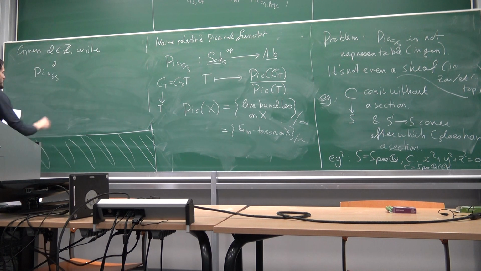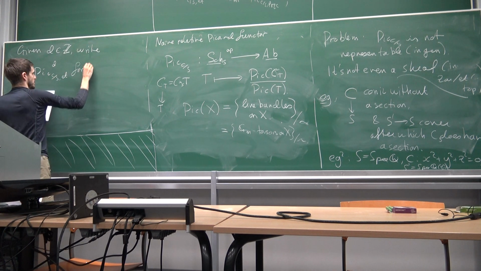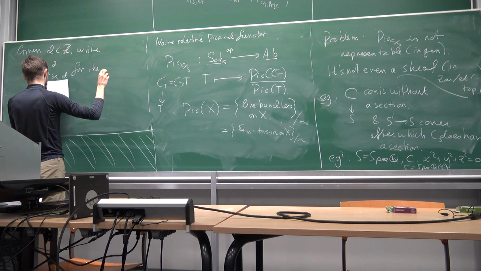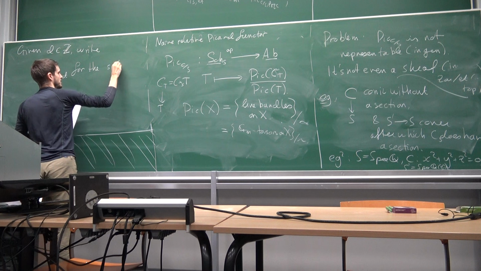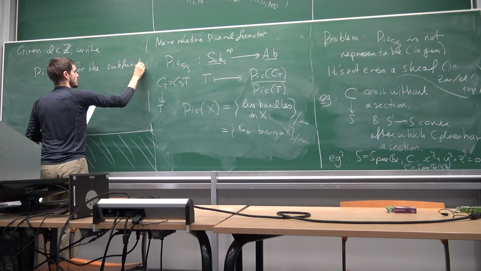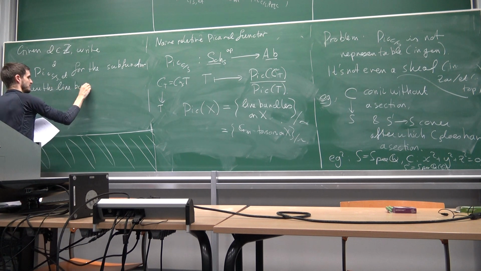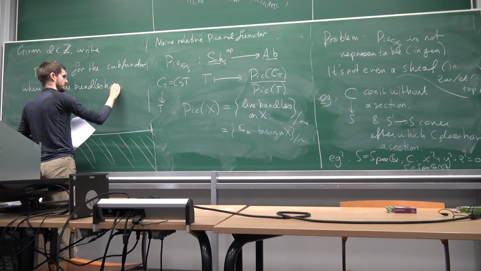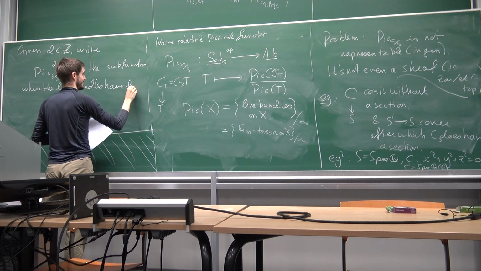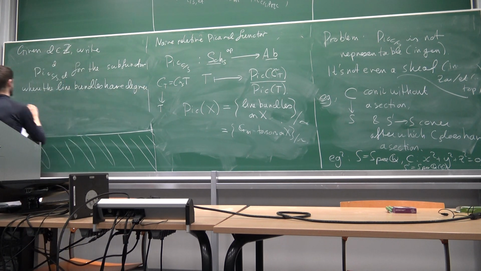I'm not going to write this so many more times, for the subfunctor where the line bundle is of degree d, with bad notation otherwise, on every fiber.